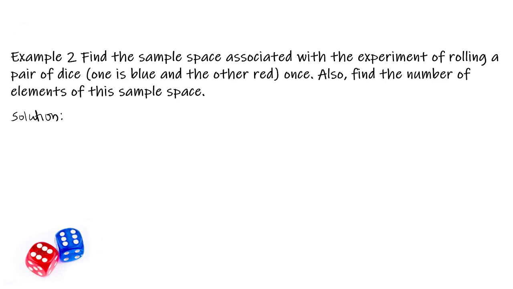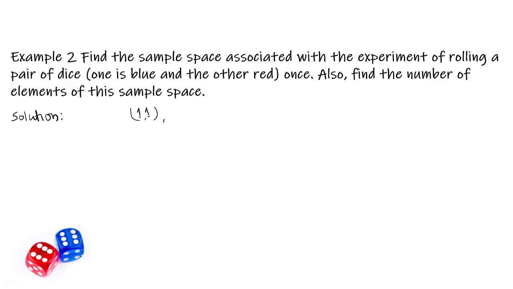If we note the outcomes, then the outcomes will be: when the blue die shows 1 and the red die also shows 1, then our outcome is (1,1).